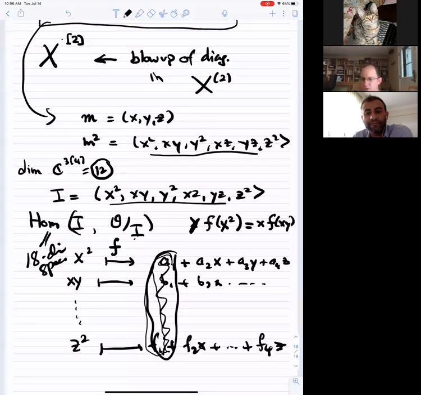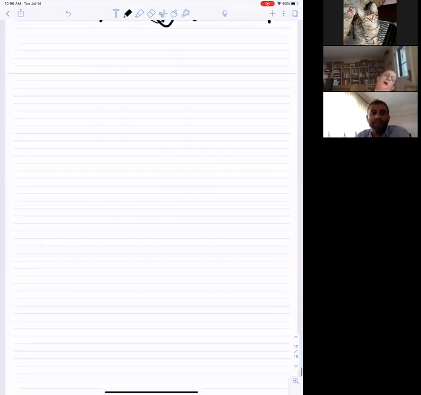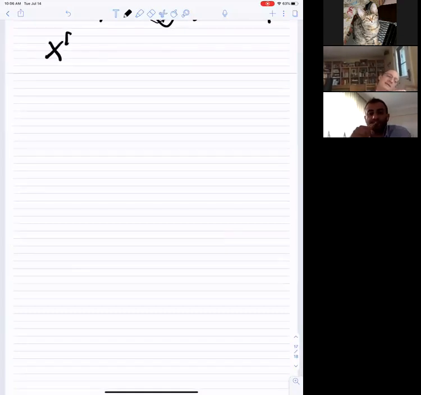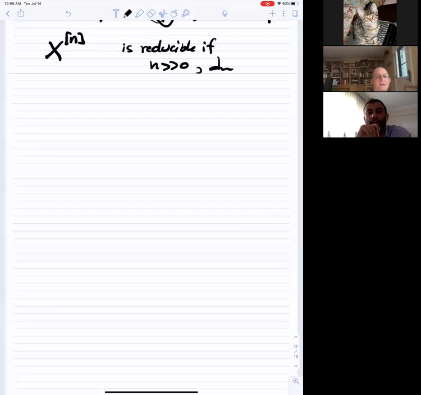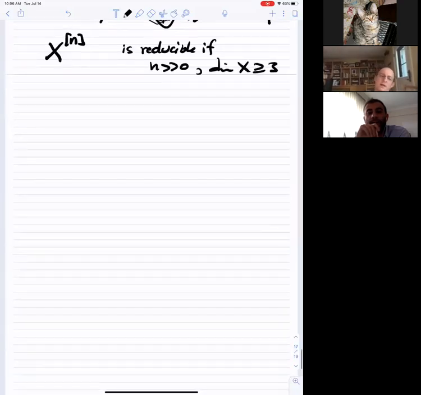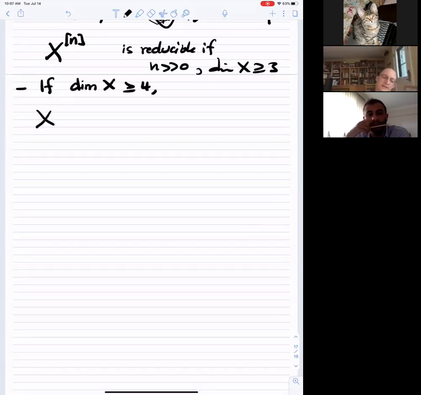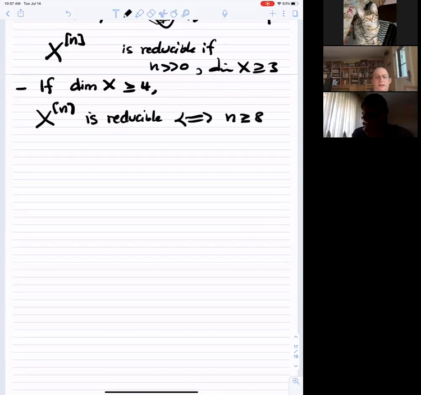Any guess what is the smallest n for which C^3 n is reducible? No. So, I told you that X^[n] is reducible if n is sufficiently large and the dimension of X is at least 3, right? So we know exactly, if the dimension of X is greater than or equal to 4, then X^[n] is reducible if and only if n is greater than or equal to 8.